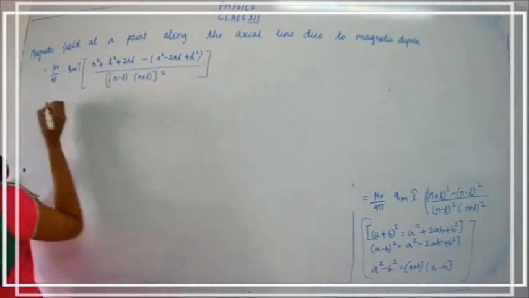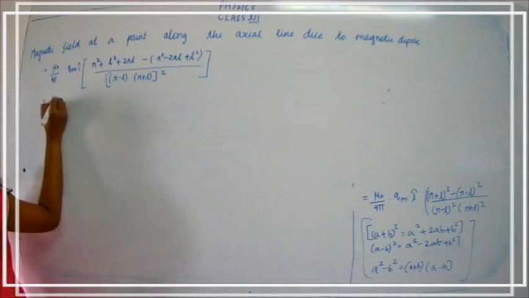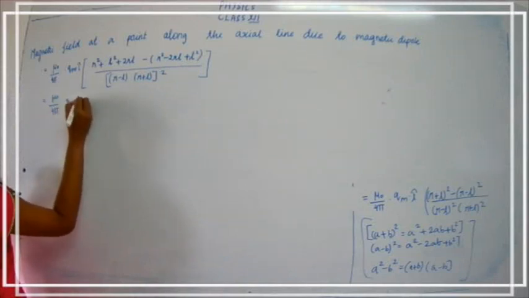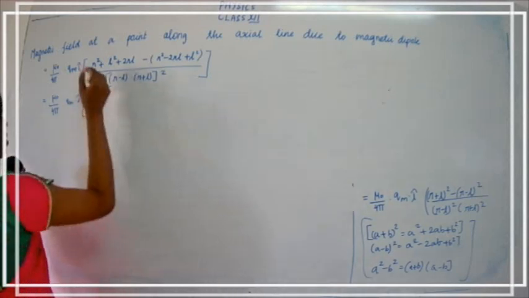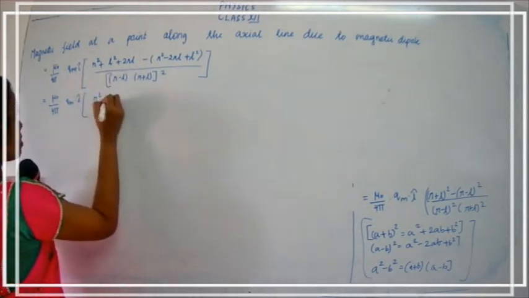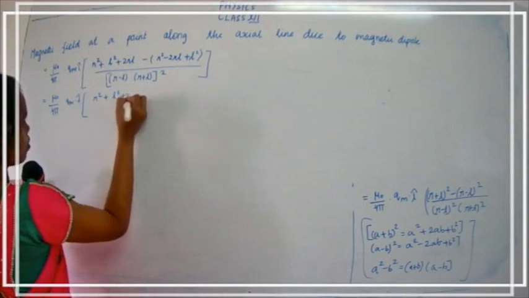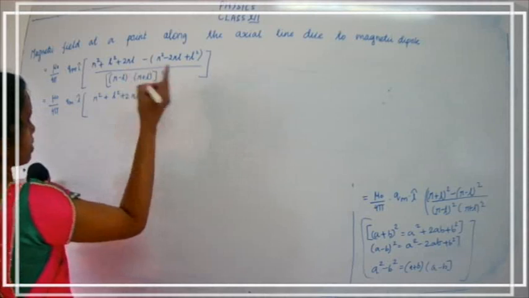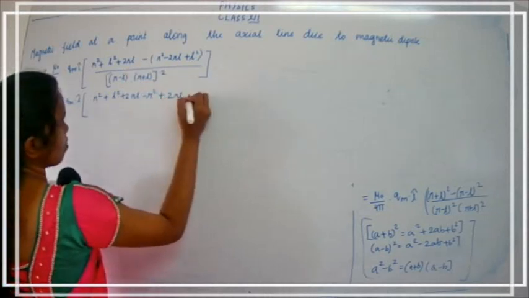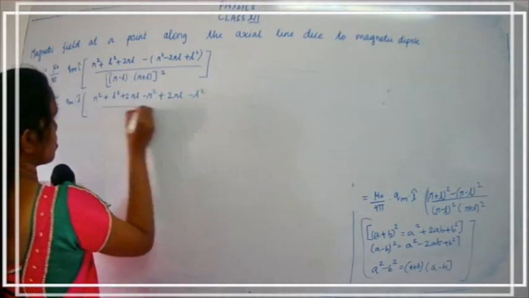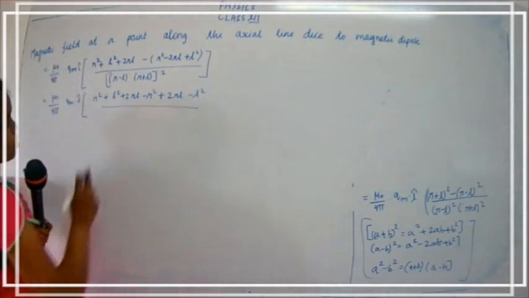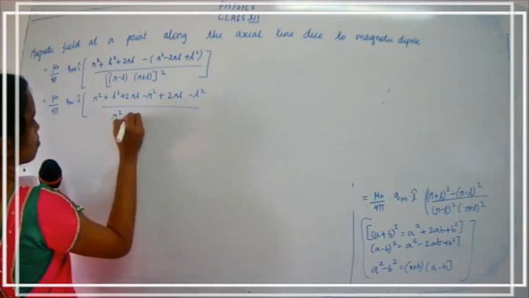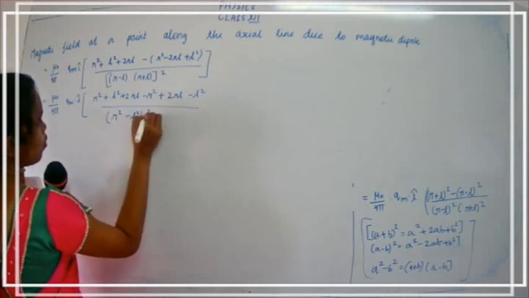That is r square plus L square plus 2rL, minus r square, minus into minus plus 2rL, minus L square, divided by r square minus L square the whole square.